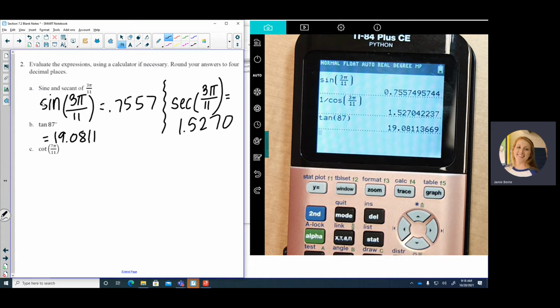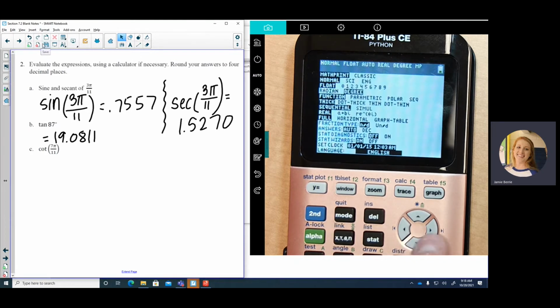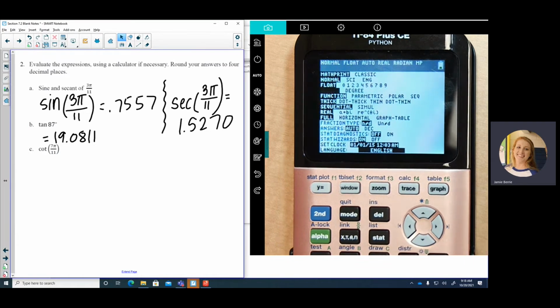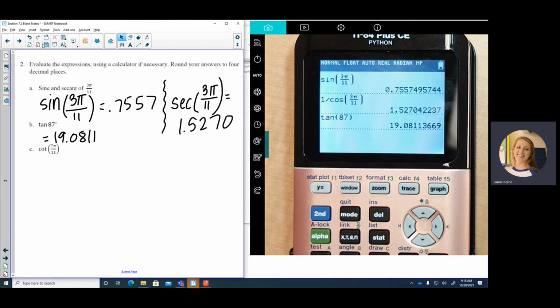All right, and then our last one, cotangent of 7 pi over 11. What mode should we be in? That's what you want to ask yourself every time you start one of these problems. I should be in radian mode, so I'm going to go back to radians. I know that because my angle doesn't have any units attached to it, so if there's no units indicated, then I must be in radians.